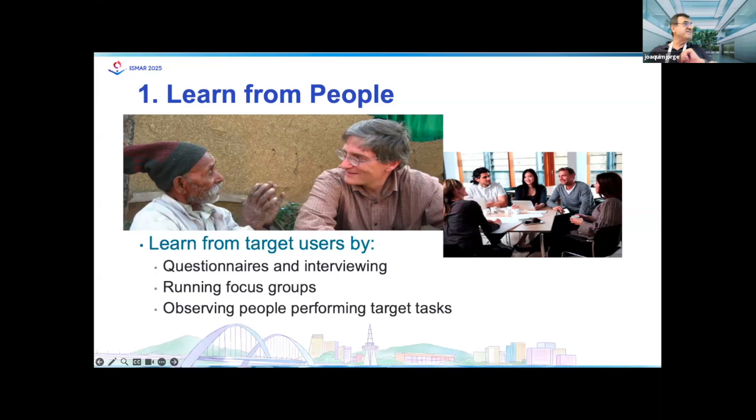And my favorite one and the most difficult one is to observe people who are doing target tasks. So if you can make yourself sit through a Teams meeting or a Zoom meeting or one of the many Google Meets, there are a gazillion conferences, and ask yourself, in what way mixed, augmented, or virtual reality could improve this?